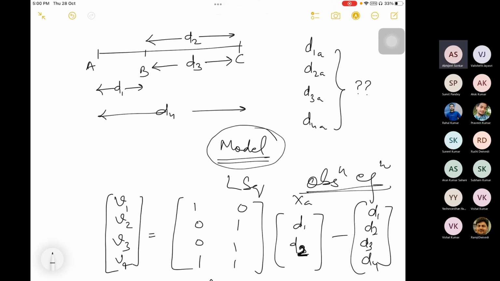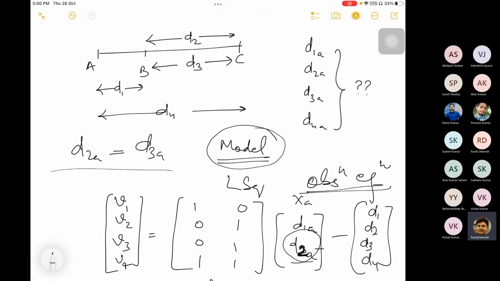Rahul? सर D2 D3 को एक साथ भी तो इक्वेशन में ला सकते हैं। क्यों लाओगे? मिनिमम रिक्वायर्ड पैरामीटर आपके पास हैं। If you get D1 adjusted, it would be equal to D3 adjusted. If you get D2 adjusted, it would be equal to D3 adjusted. That's it. End of the story.